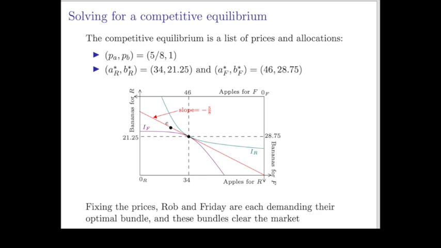Now we can plot that in the picture in an Edgeworth box. We've got our endowment right here. We have a budget line, which has a slope minus PA over PB, so it's a slope of minus 5/8.